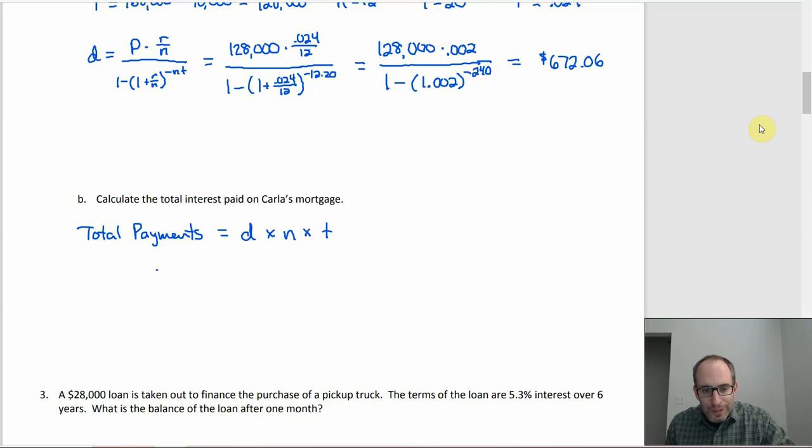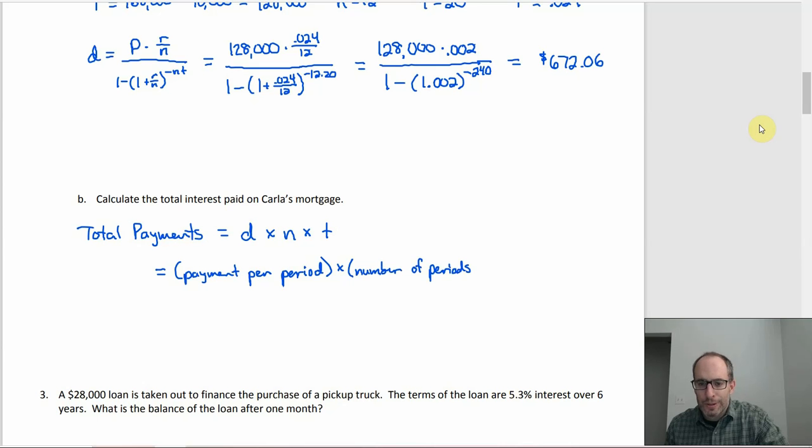If I write it out in words instead of symbols, it's payment per period times the number of periods per year, and then times the length of loan. The length of loan is going to be in years.